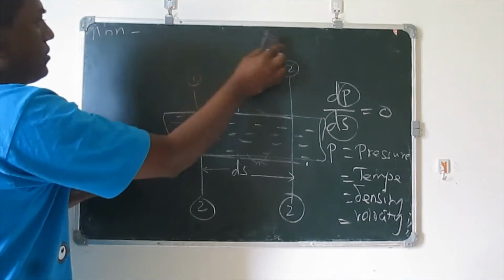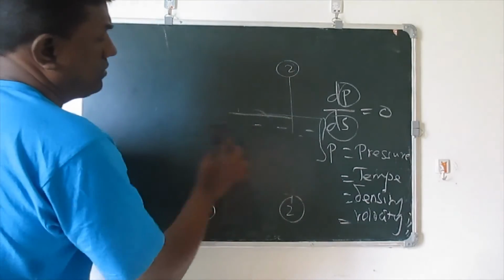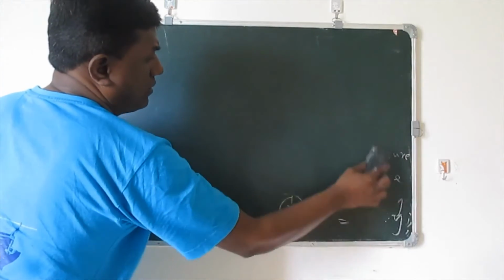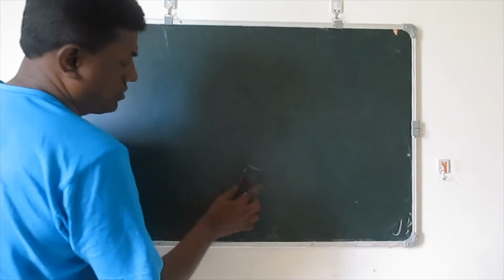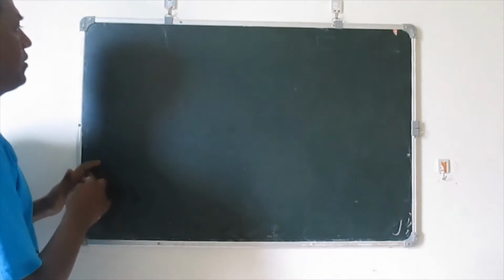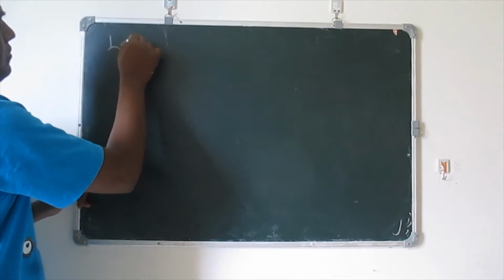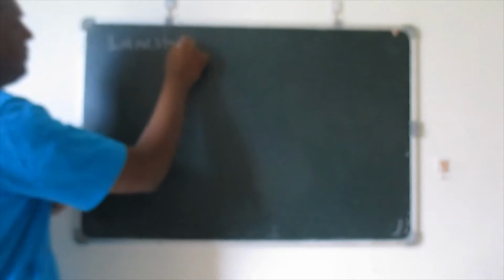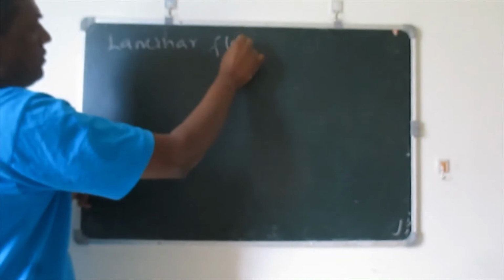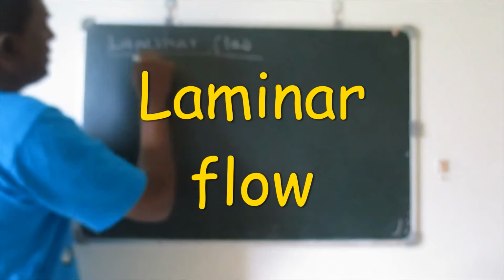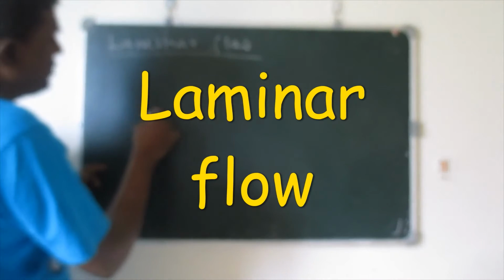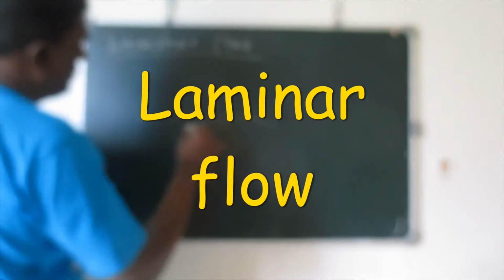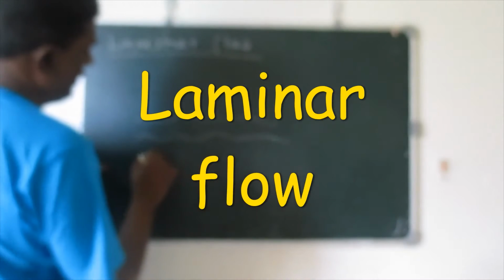Now let's see about laminar and turbulent flows. So laminar flow, as the name indicates, the flow will be taking place in laminae, like this, layer by layer.